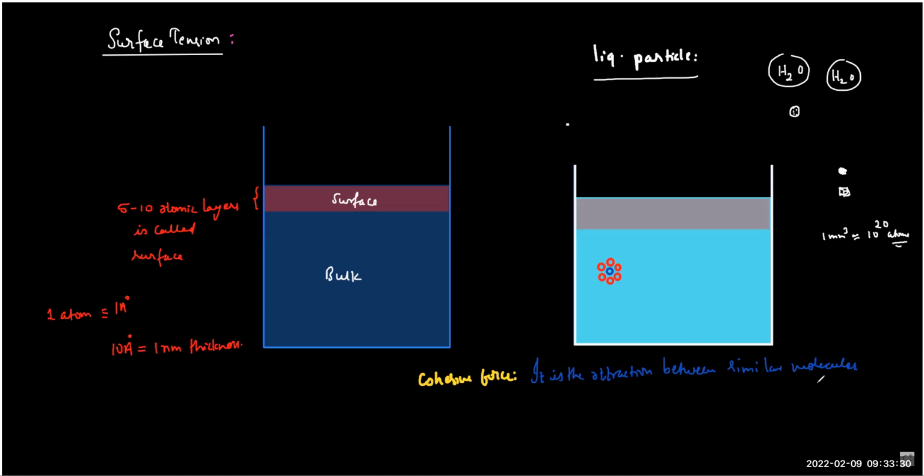One is called the cohesive, which is between similar molecules, and the other is the adhesive force, which is the attraction between two dissimilar molecules.